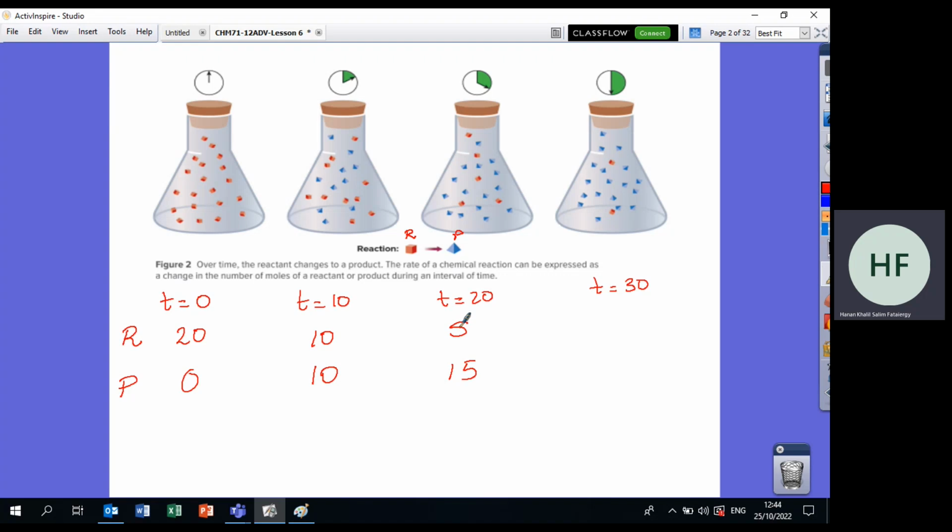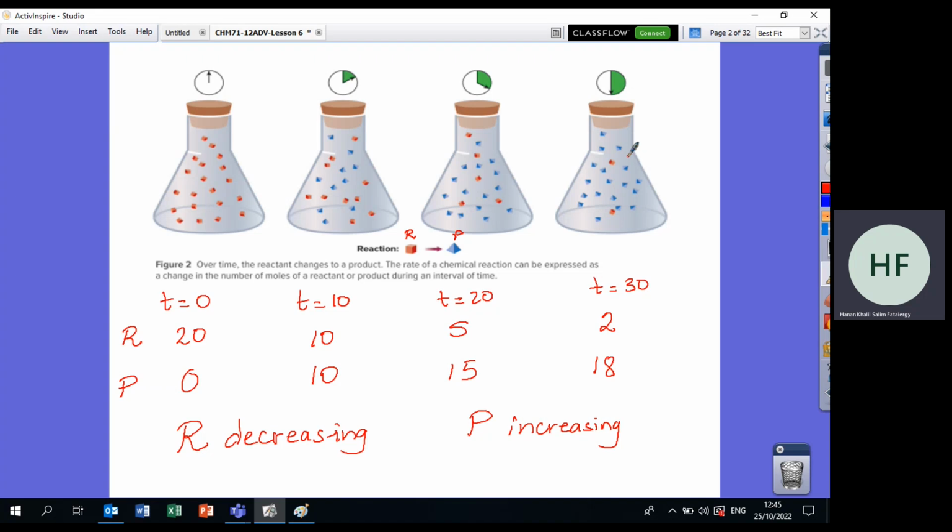Again, the reactants are decreasing and the products are increasing. Now here the reds are 2 and the products are 18. So what's happening to the reactants? The reactants are decreasing. What's happening to the products? The products 0, 10, 15, 18, so the products are increasing.